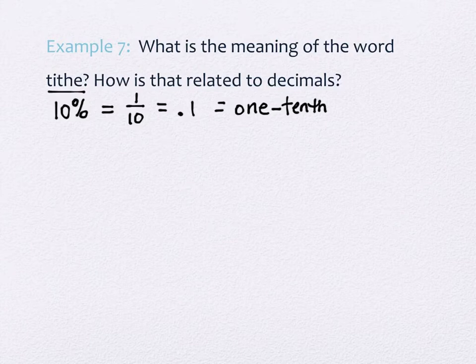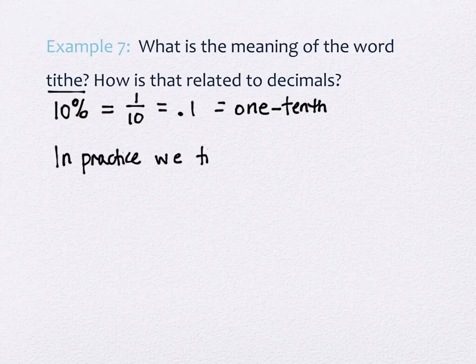Well, I've drawn sort of these 4 different ways of describing them, and of course we see a decimal representation for one of those, right? So in practice, when we talk about tithe, one-tenth of our income.